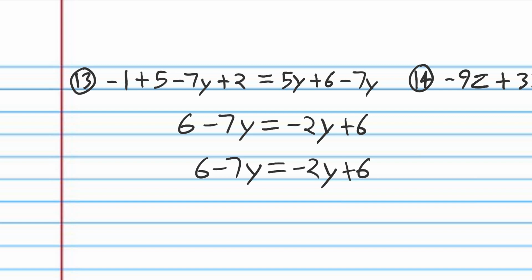All right, so now we're going to have positive coefficients. We have to add 7y to both sides. And we're left with 6. And then negative 2y plus 7y is 5y.